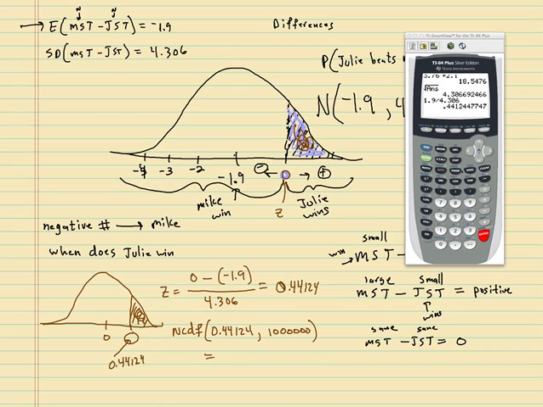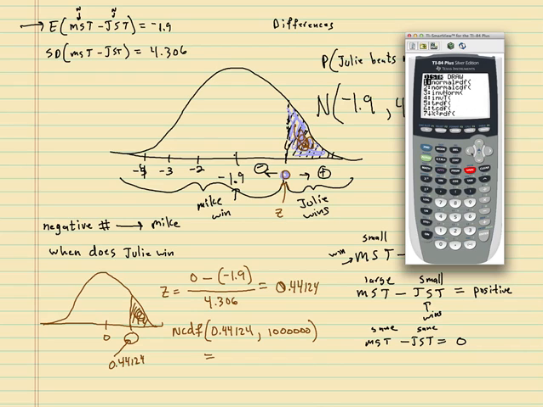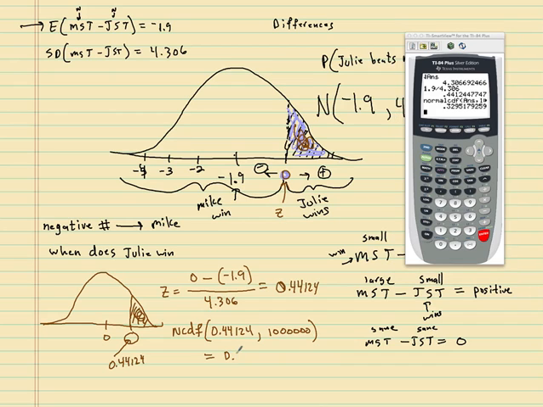Just a refresher, that will be second distribution, normal CDF is number 2 down there. I have this number just above it, so I'm going to save it into there, comma, pick a big number, enter. So Julie will win about 33% of the time.